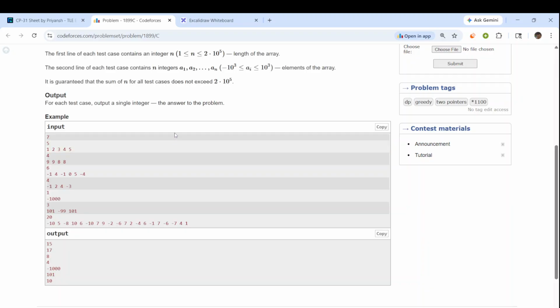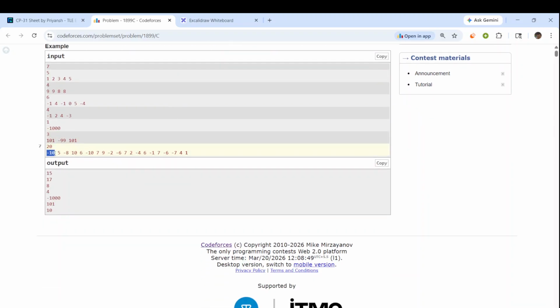Okay, let me check. For this, the answer should exclude minus 10, based on the sum being as maximum as possible. So we should include all. What is a subarray first of all? A contiguous number of elements.